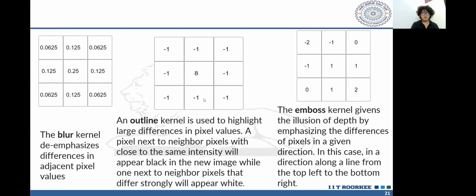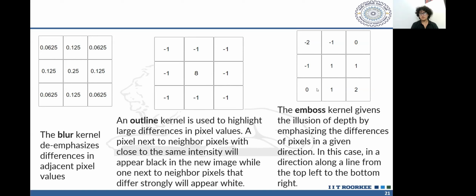And this is another type of kernel, the outline kernel, which can be used to highlight the pixel differences that arise at the boundary points. So this outline kernel is used for edge detection.